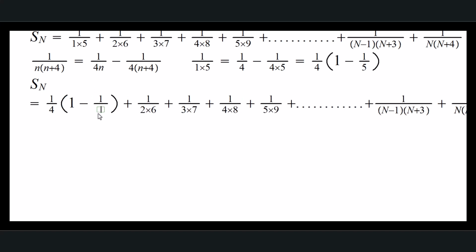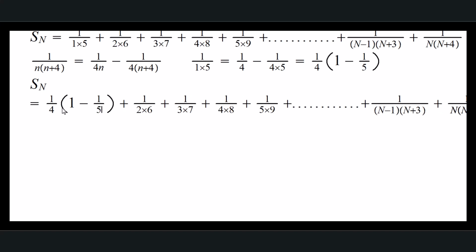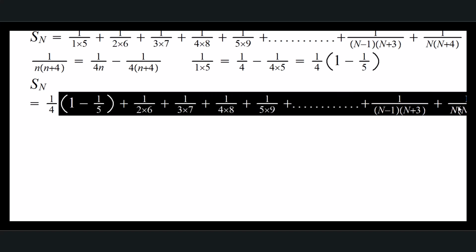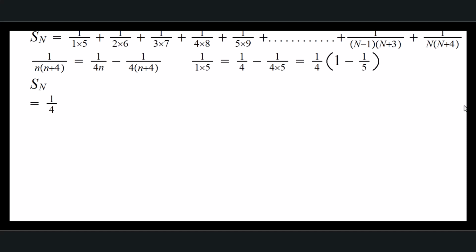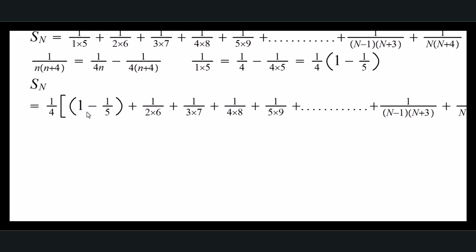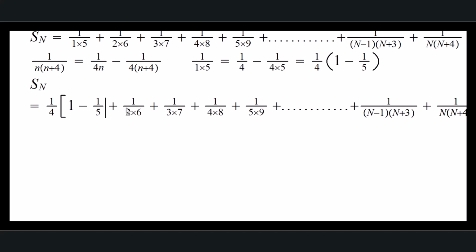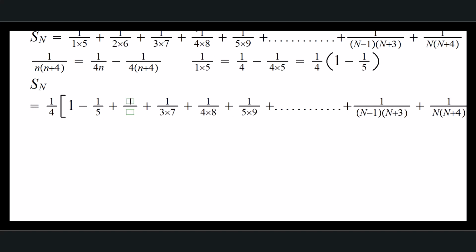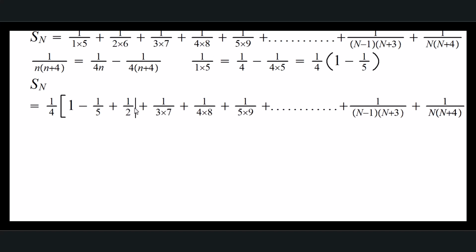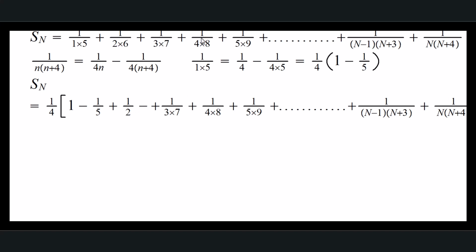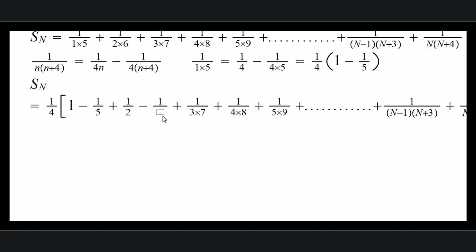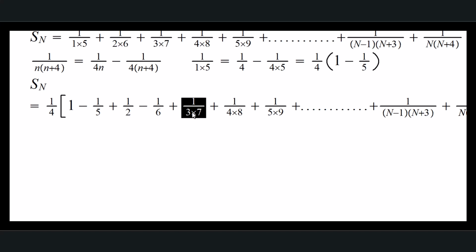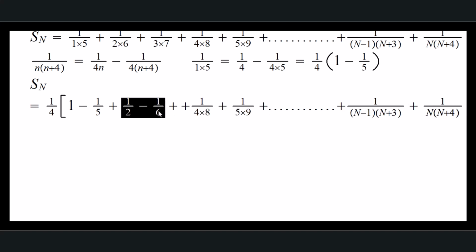And we can treat 1 over 4 as a common factor for the entire series. So here we get 1 minus 1 over 5, and again 1 over 4 has been factored out, so this will be 1 over 2 minus 1 over 6, and then this would be 1 over 3 minus 1 over 7.